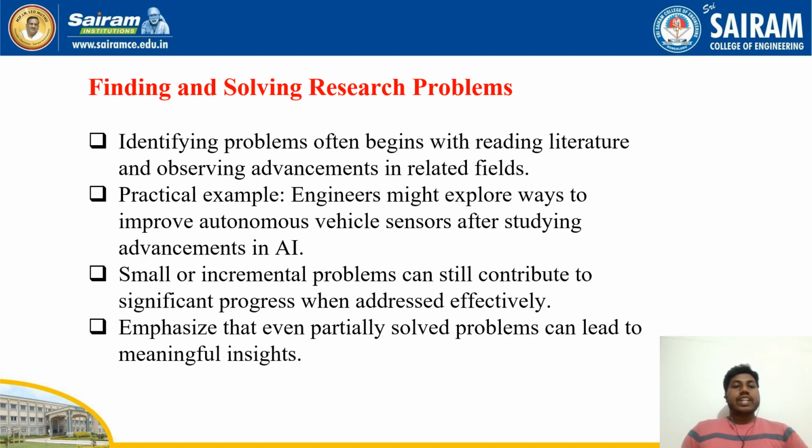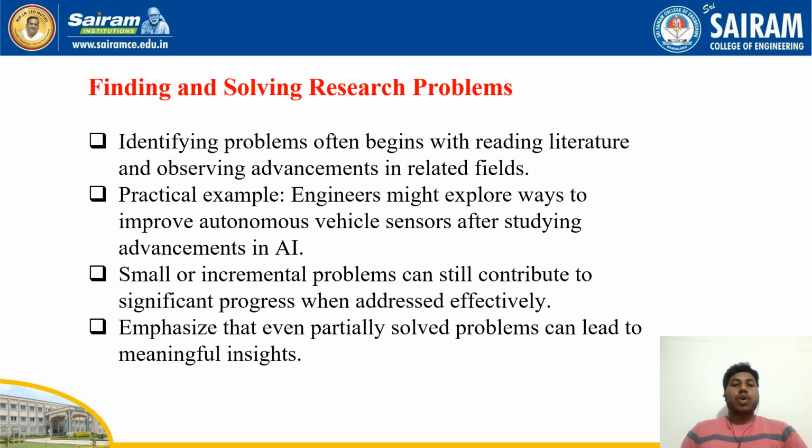Now, to the next slide, we are finding and solving research problems. Meaningful research problems can come from various sources, such as literature reviews, advancement in tools, or even cross-disciplinary insights.